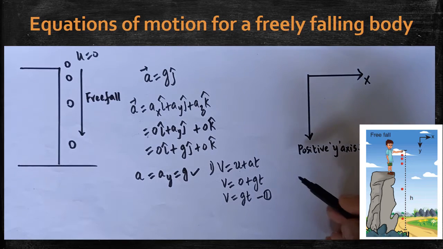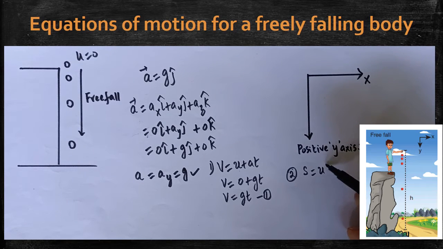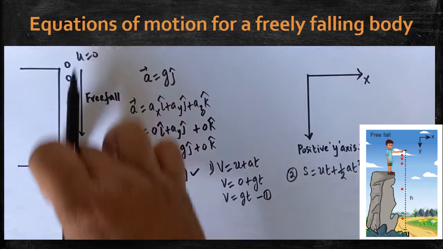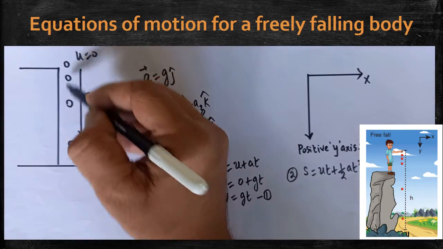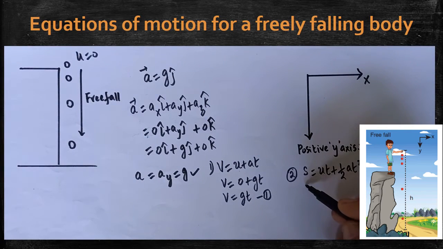Next, I am going to write the second equation of motion for the free falling body. s is equal to ut plus half at square is the second equation of motion. Now s is nothing but this vertical distance, called y. When it travels from here to there, that distance is called y, the vertical displacement.